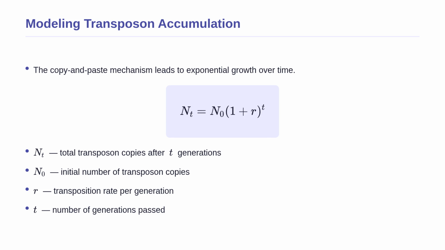Here, N_t represents the total number of transposon copies present after a certain time. N_0 is the initial number of copies at generation 0. The variable r is the transposition rate, meaning the probability of a successful copy event per generation. Finally, t is the number of generations. If the rate r increases, the genome size will expand much more rapidly.